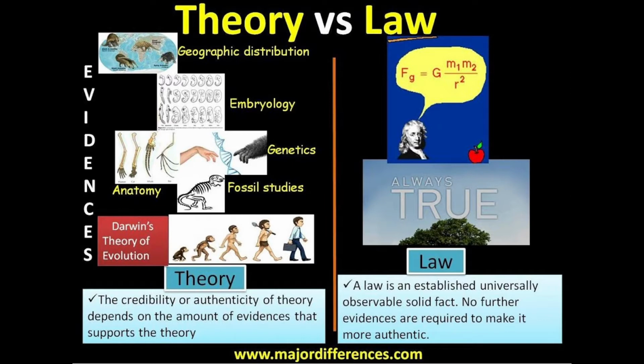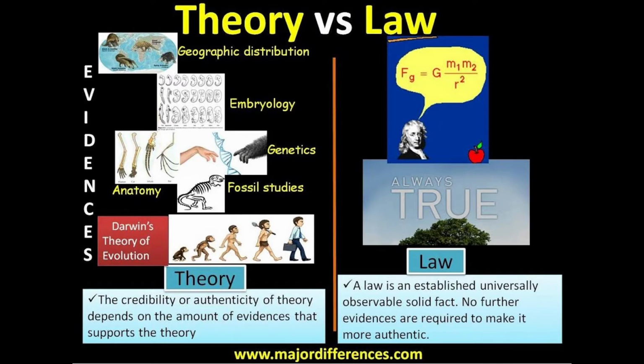First of all, let's read the definition for theory that we find right here. The credibility or authenticity of a theory depends on the amount of evidence that supports it. So, for example, here is Darwin's theory of evolution.